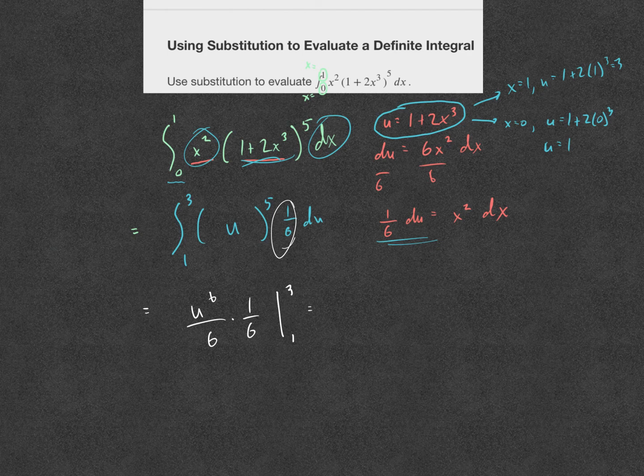So this is going to be over 36. 3 to the 6th power over 36 minus 1 to the 6th power over 36, right? Top bound minus bottom bound. So then 3 to the 6th power is 729, minus 1, over 36. And if you simplify 728 over 36, I think 182 over 9 is the simplest form, or as a decimal, I think it's 22 point a bunch of 2's.